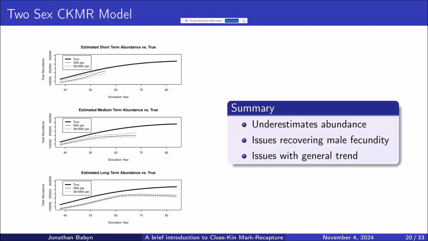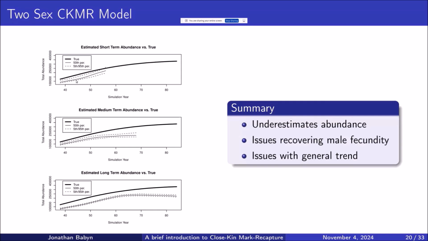So when I first tried building a model, I tried to have everything. I tried to estimate both male and female abundance separately, as well as their survival. And this model has serious issues getting the male fecundity right, and it has serious issues with the general trend.